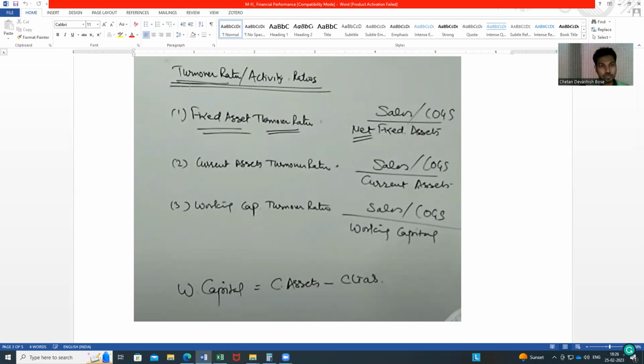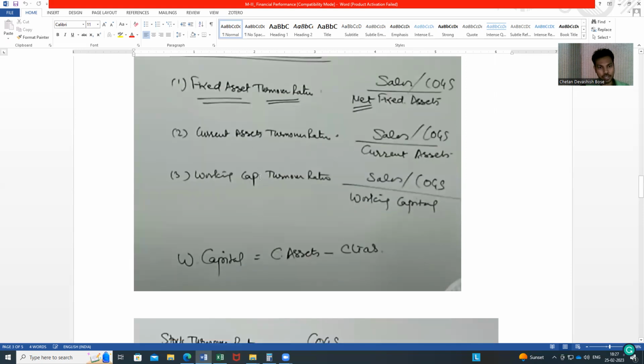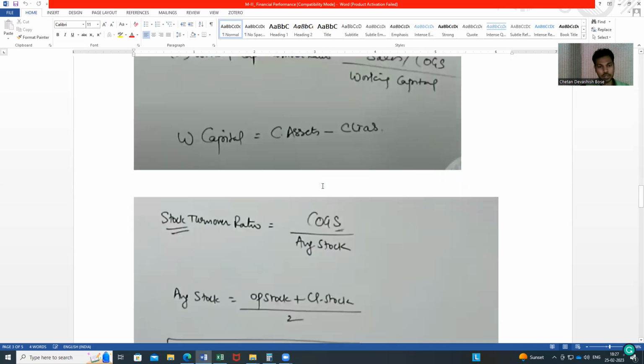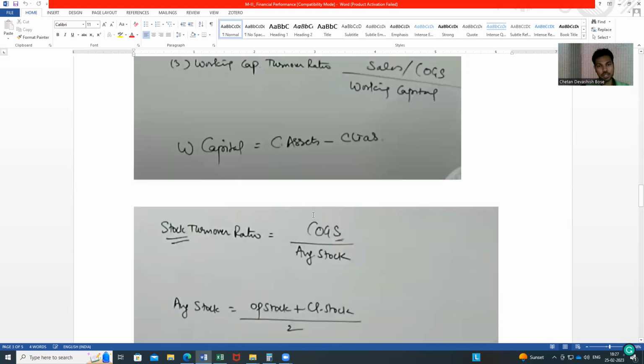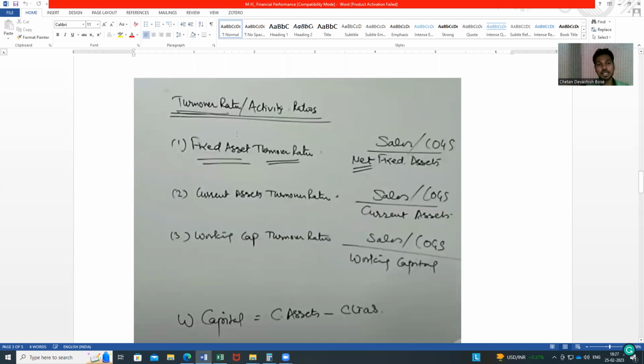Thank you. So, current ratio done, I was into turnover ratio. Turnover is nothing but a synonym for sales. So whether we learn fixed asset turnover ratio, current asset turnover ratio, working capital turnover ratio, or stock turnover ratio, we have to remember we have to compare everything with sales.